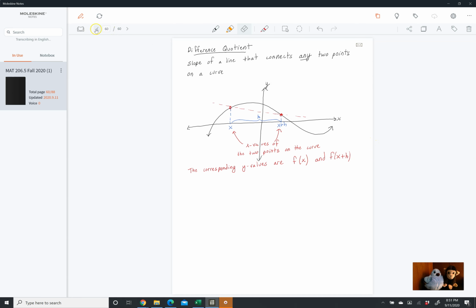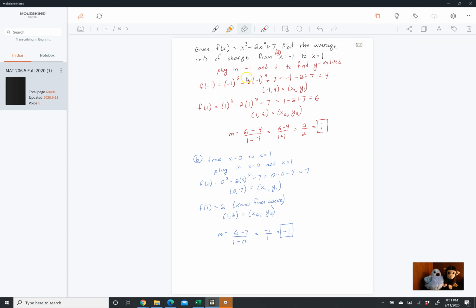So think about it this way. In this one, x is -1, and x plus h is +1, okay? And our h here was 2, right? The distance between the two x's is 2, so that's our h. Here, our x was 0, and our x plus h was 1.